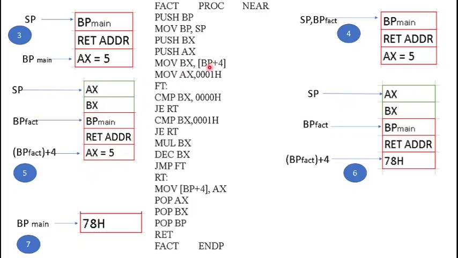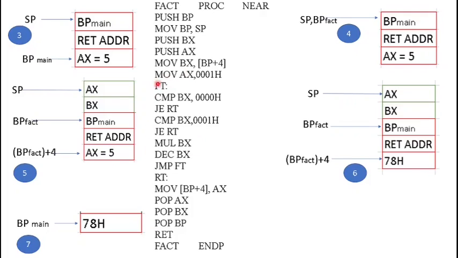BP fact is currently pointing to this location, so BP fact plus 2 will take us to the return address location, then plus 4 will take us to the location where the parameter 5 is stored. From there we will move the parameter 5 to bx.